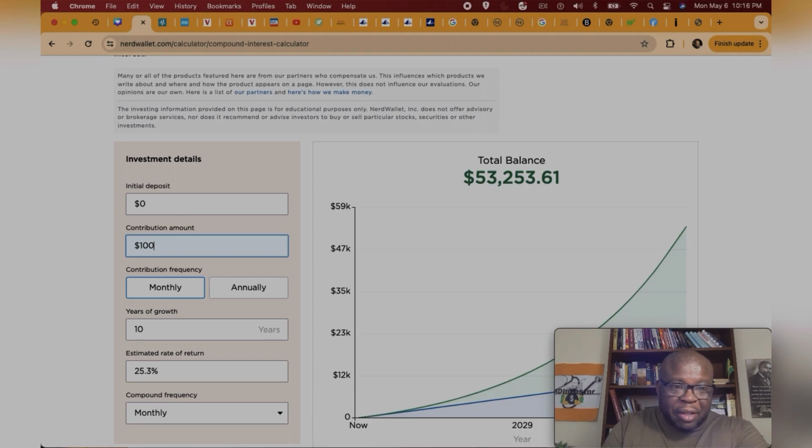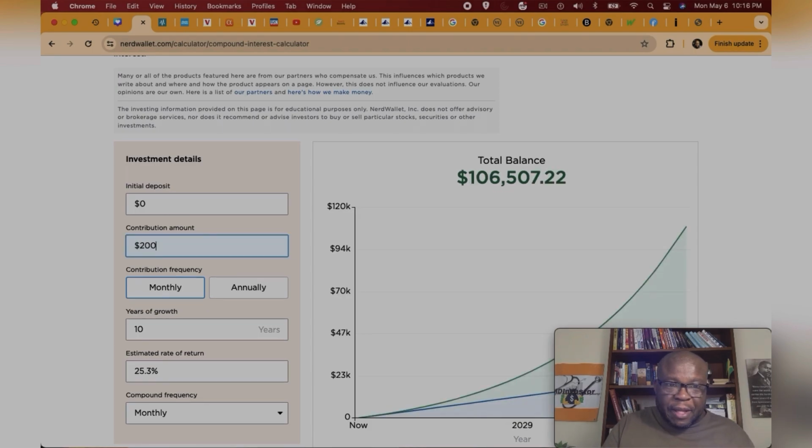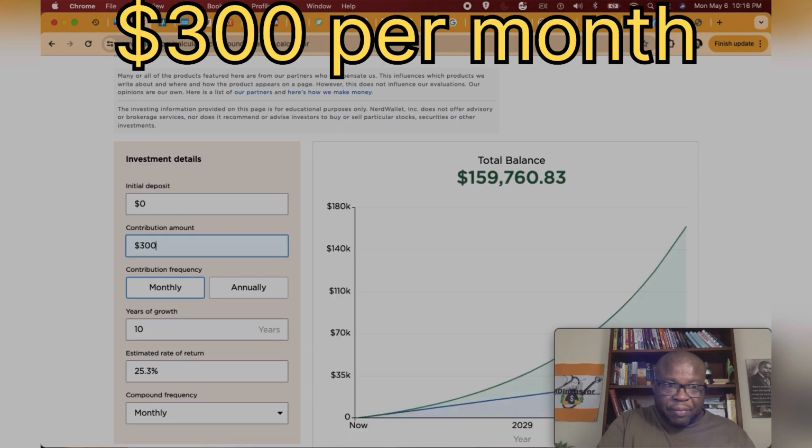At $100 a month, getting that 25.3% return, after 10 years our total value would be about $53,000. Not bad. Let's imagine we were doing $200 a month. After 10 years, our portfolio would have grown to about $106,000. Imagine we were doing $300 per month: our portfolio value would have grown to about $160,000.